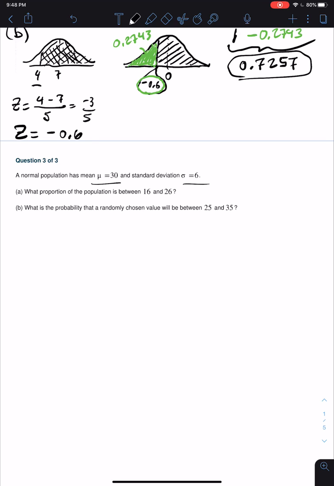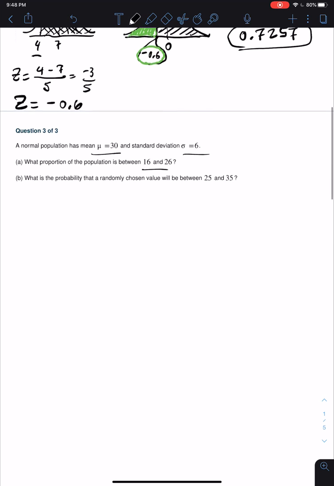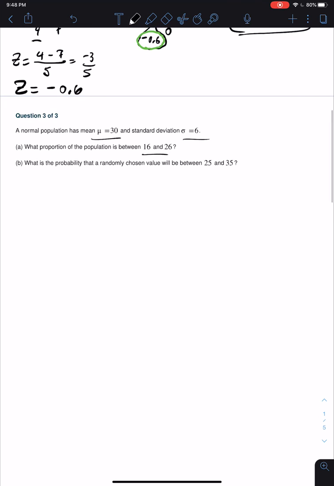What proportion of the population is between 16 and 26? Now the problem here is that we're going for an interval, so we've got to do even a little bit more work. And remember from 7.1, we did this already, but now instead of just giving you a picture, they're asking you to draw the picture, so it's asking a little more from you.